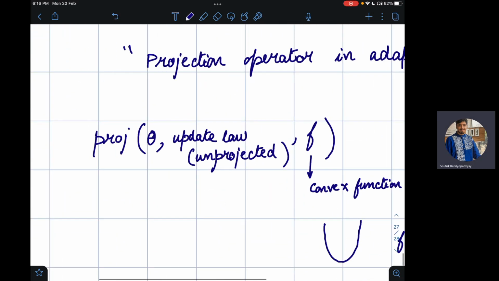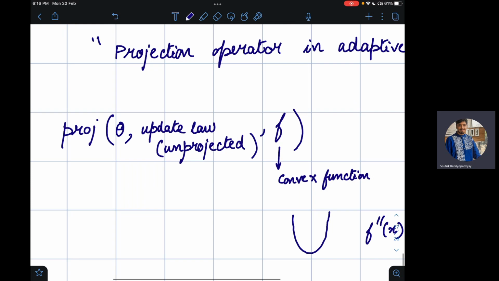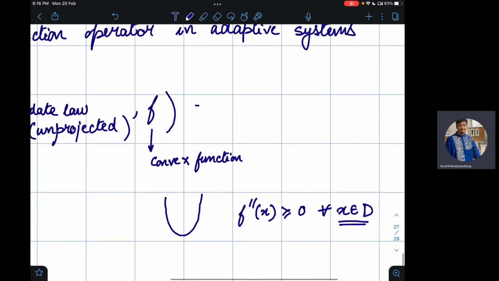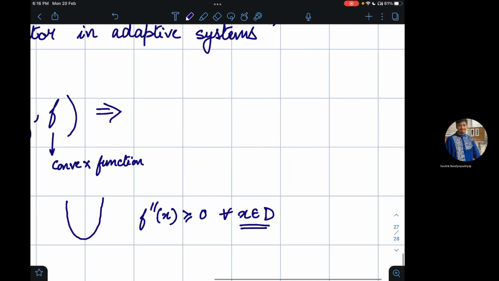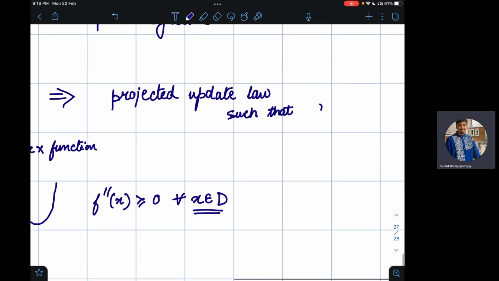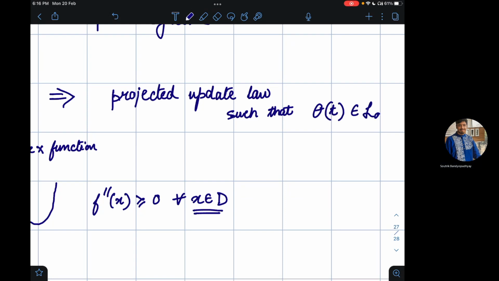This kind of projection operator takes these three as an input and it produces a projected update law such that theta t is bounded.